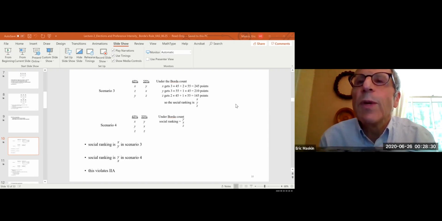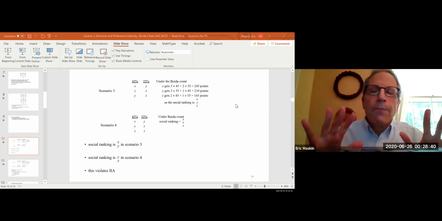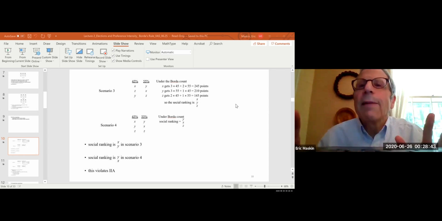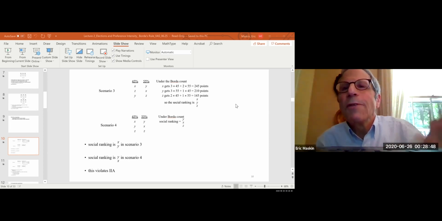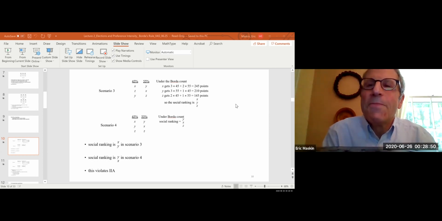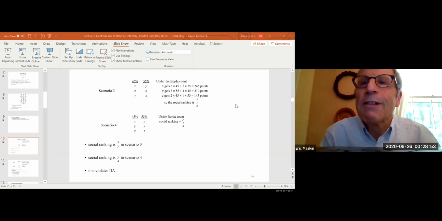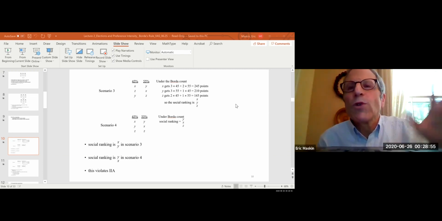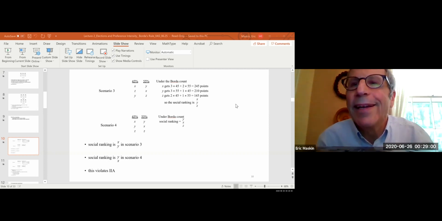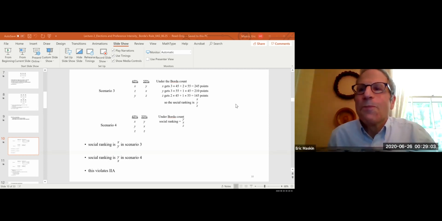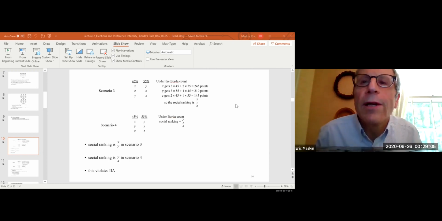So lots of things become possible once we non-anonymize the allocation process. I have been avoiding that because my initial motivation, if you'll recall from the first lecture, was political elections. But of course, all of these rules can be used much more widely than in just political elections, in which case we might want to drop anonymity.